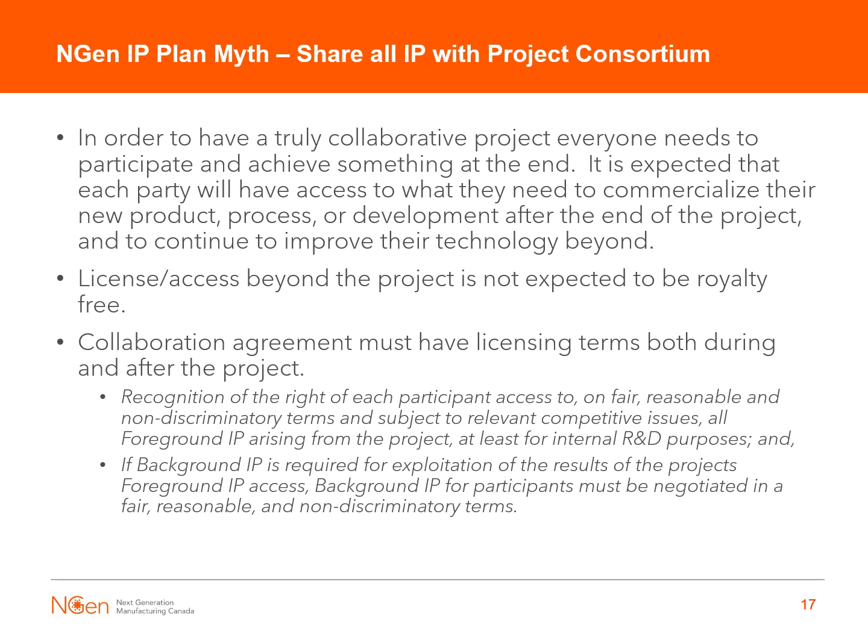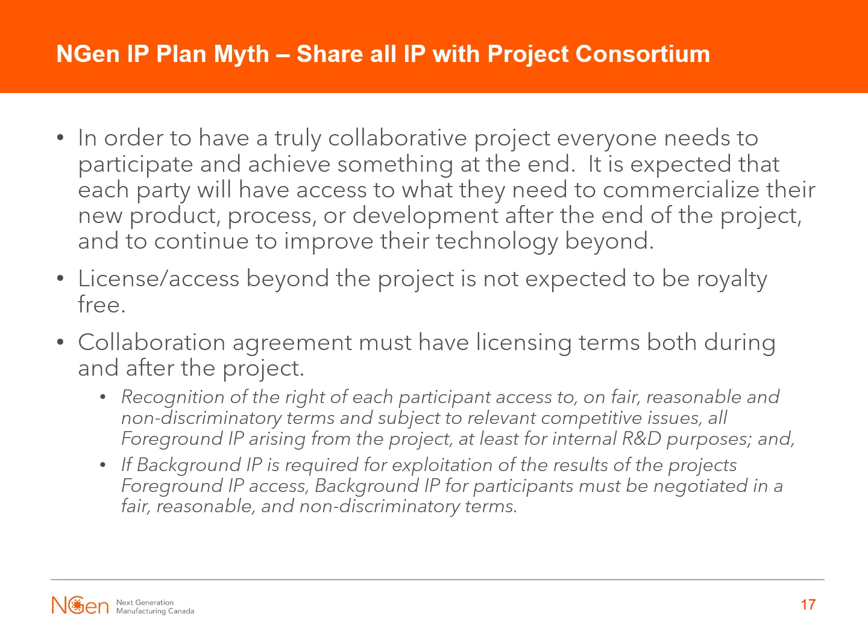The first one is that you must share all your IP with the project consortium members. That is completely untrue. You do not need to share all your IP with the project consortium members. As we said in the slide, in order to have a truly collaborative project, everyone needs to participate and to achieve something at the end.